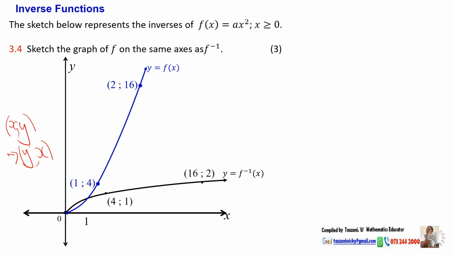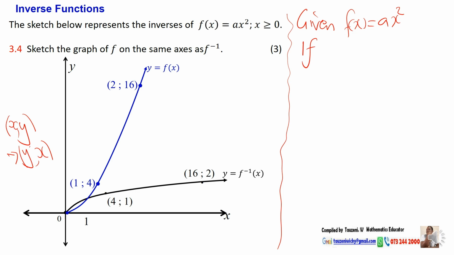On the part of drawing graphs, it might be necessary to emphasize that given f of x is equal to ax squared, we have different scenarios here. If a is a positive number, your graph will go upwards to the positive side.